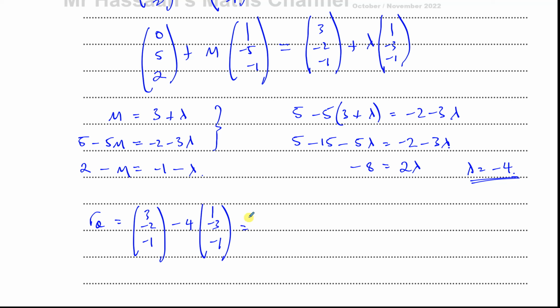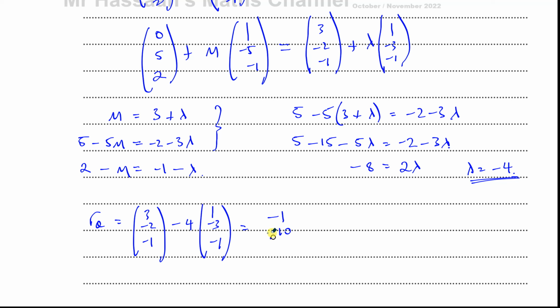We have 3 minus 4, which is negative 1. And we have negative 2 plus 12, which is 10. And negative 1 plus 4, which is 3. Sorry about that.